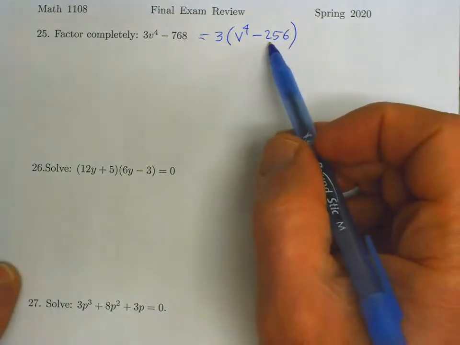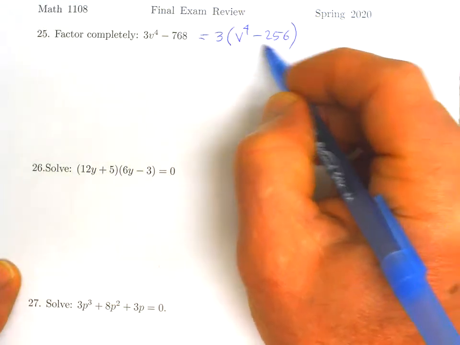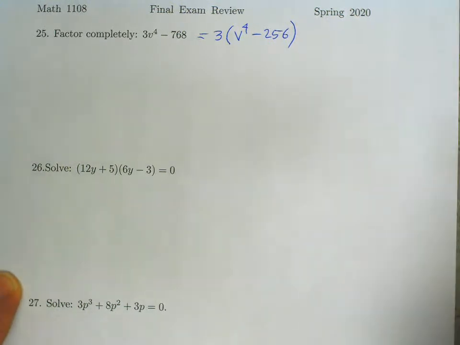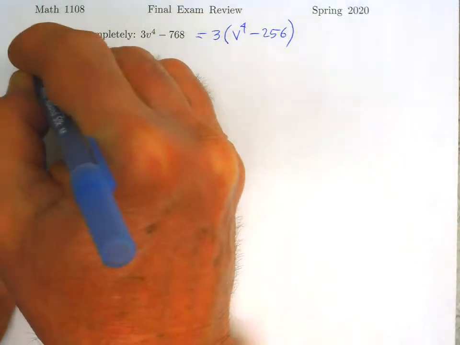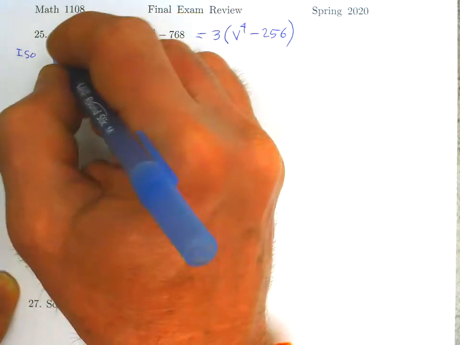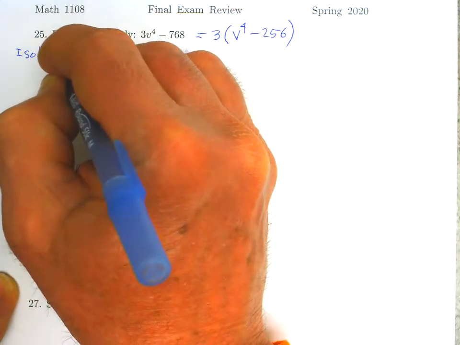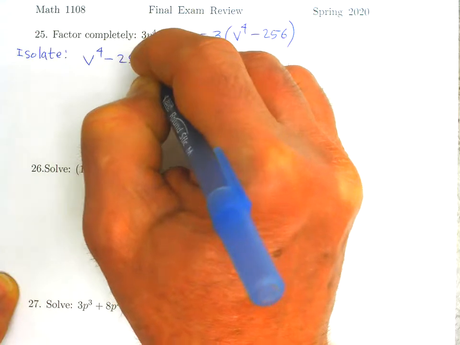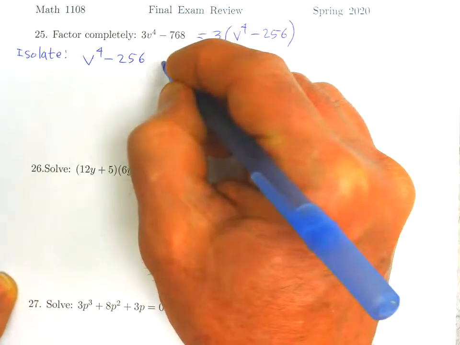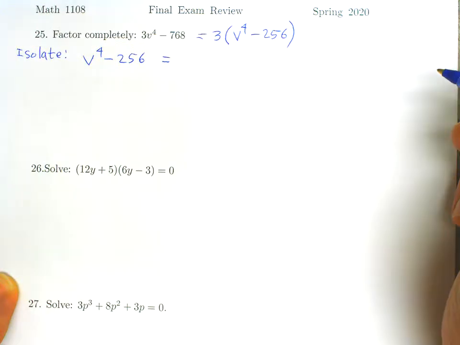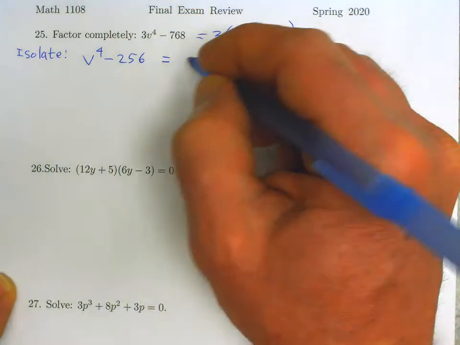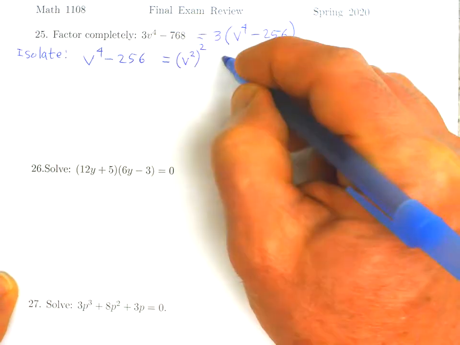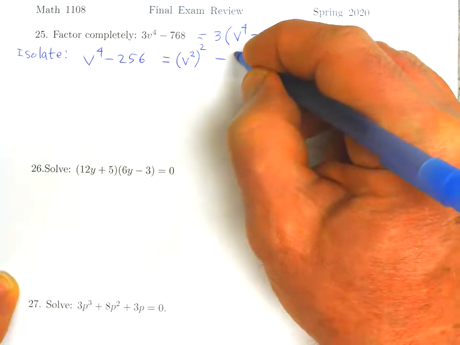Another way to think of this, you can think of v to the fourth minus 256 as a difference of squares. So let's just look at v to the fourth minus 256 in isolation. I'm going to write it as a difference of squares. So v to the fourth is v to the second squared, and 256 is 16 squared.